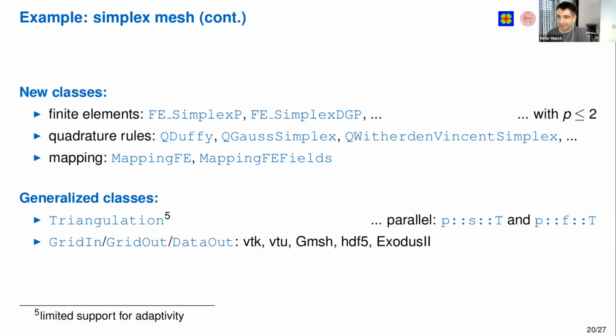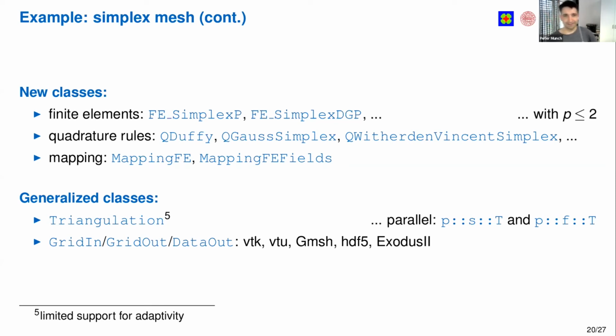But before doing that, you first of all have to know what is actually enabling the simplex support in deal.II. Do you have to use new classes, or are the old classes extended for this new functionality? And the answer is, well, we did both.